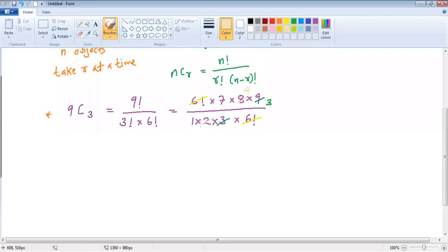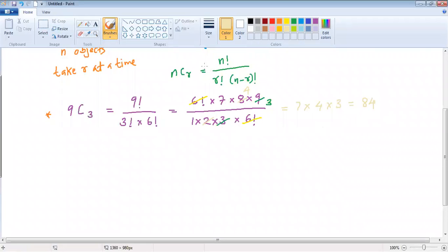So you can see that it is 7 into 4 into 3, which is equal to 7 into 4, 28, 28 into 3, which is equal to 84.